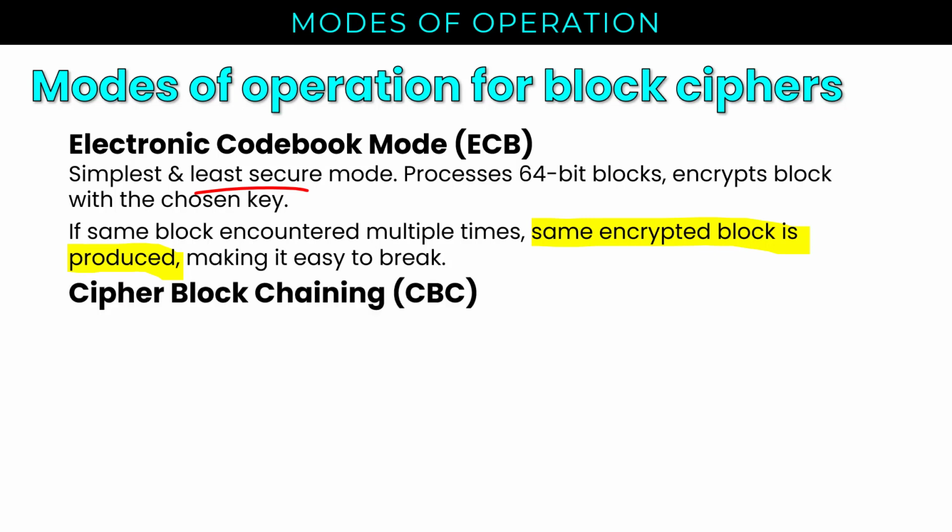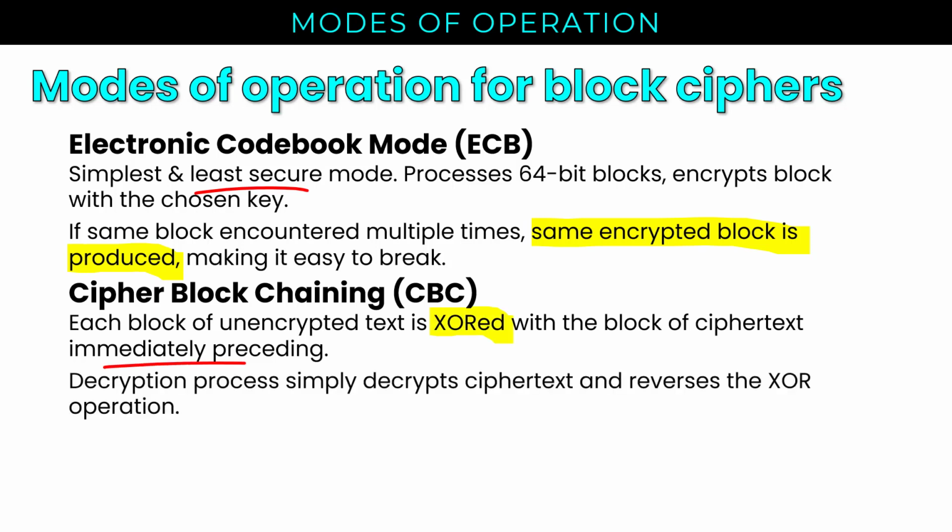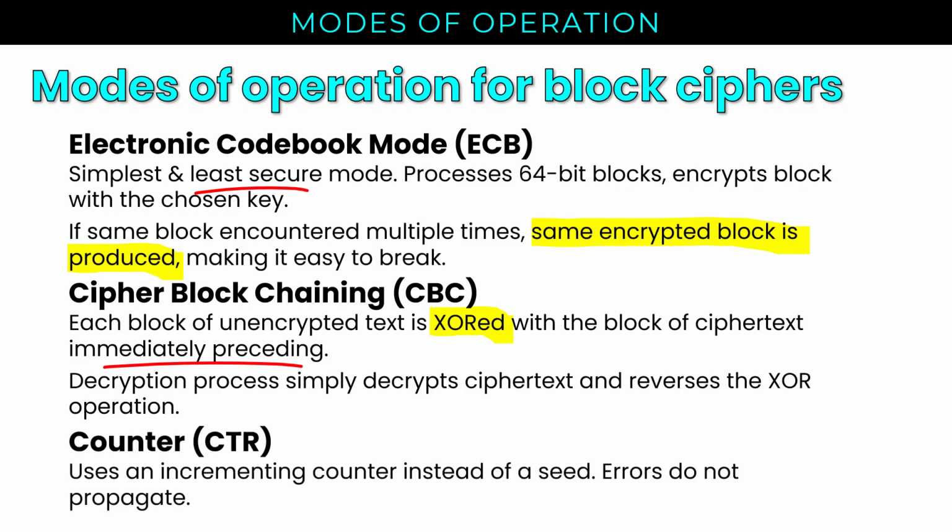There's cipher block chaining, where each block of unencrypted text is XORed, we talked about the XOR or exclusive OR earlier, with the block of cipher text immediately preceding. The decryption process simply decrypts the ciphertext and reverses the XOR operation. And then there's counter, which uses an incrementing counter instead of a seed, so errors don't propagate.